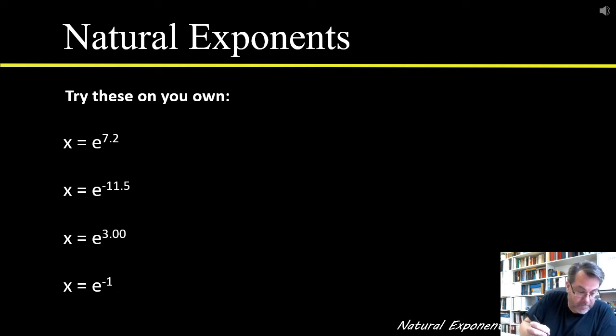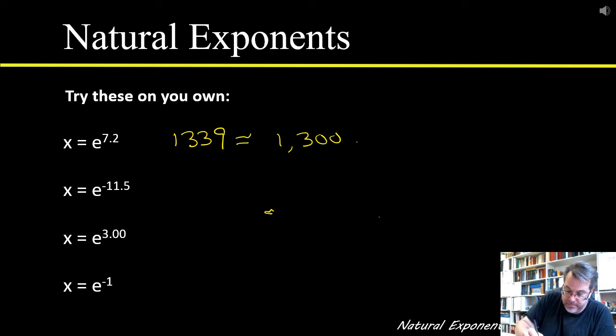Okay, so on this first one, if you use your calculator, you should have gotten 1339, and if you wanted to round that to 2 sig figs, because there were 2 sig figs in the exponent, you could have called that 1300, or if you wanted to just use the general rule that you should probably use about 3 sig figs for most things, you might have called it 1330.